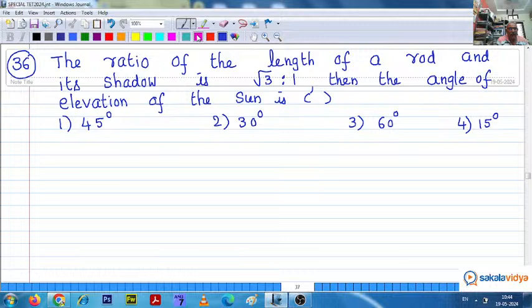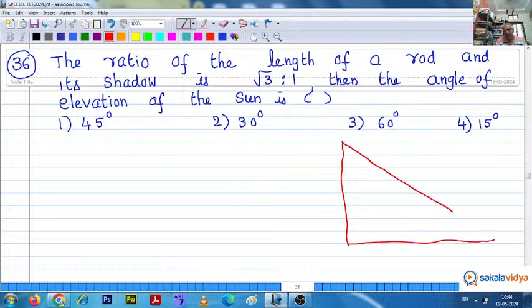See, this is the rod, and for example this is its shadow. Join this one, and you get a right angle triangle. So this is called the angle of elevation of the sun.